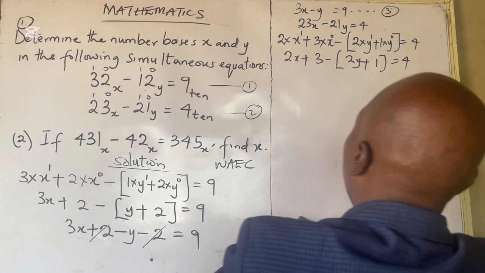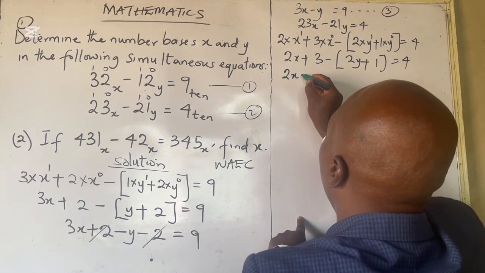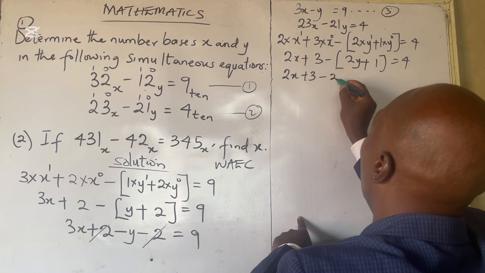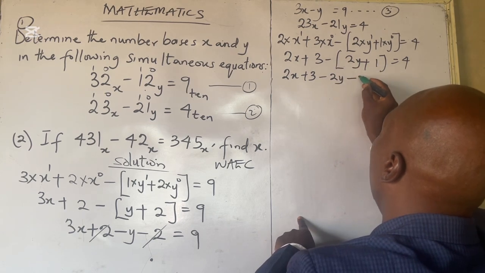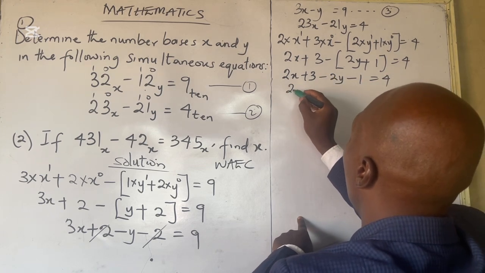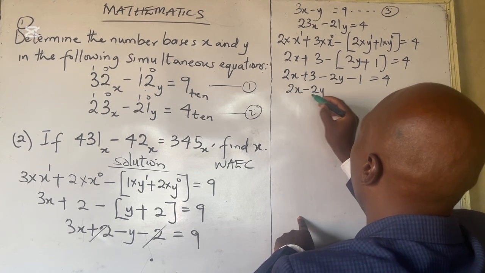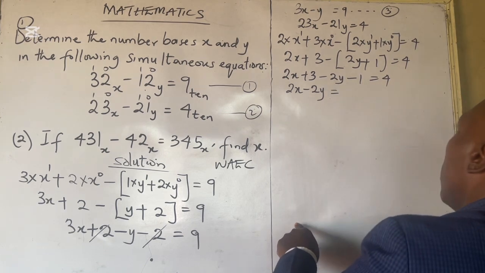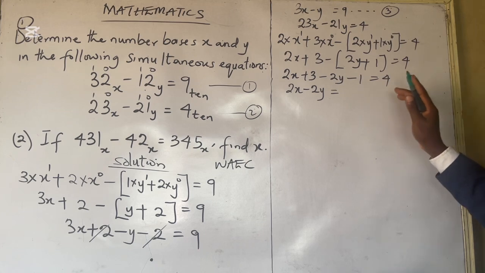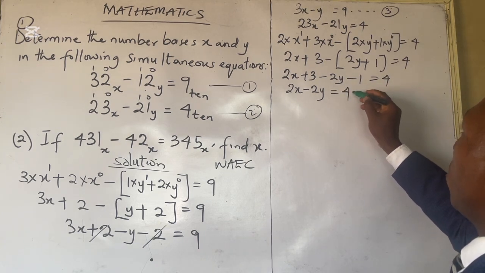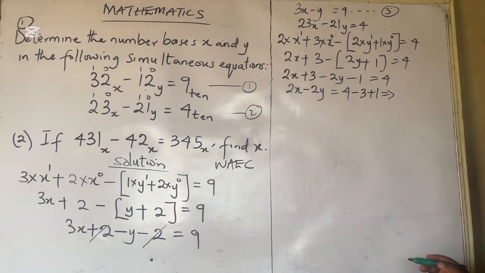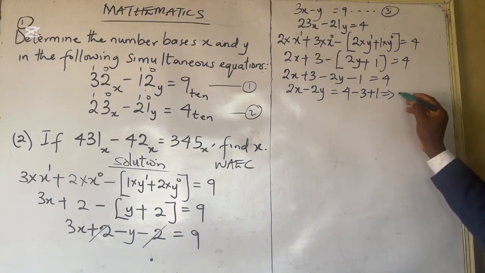So we have 2x plus 3. If we open the bracket with negative, that's minus 2y, negative times positive, minus 1 equals 4. If we do this very well, we have 2x minus 2y equals, let's bring the expression to the right hand side. That will give you 4 minus 3 plus 1, and 4 minus 3 is 1. 1 plus 1 will give you 2.